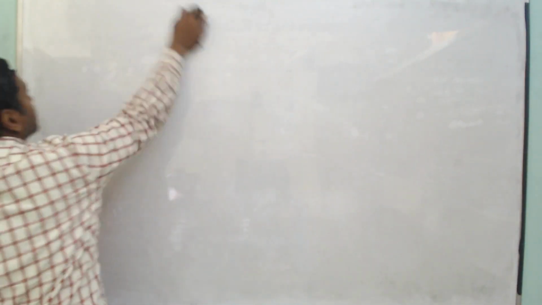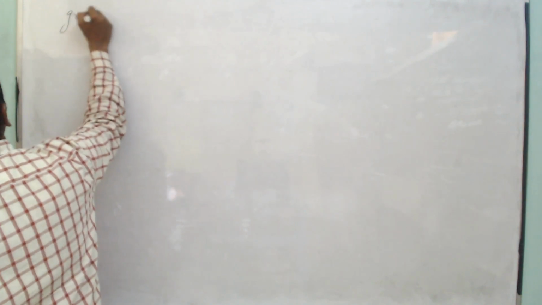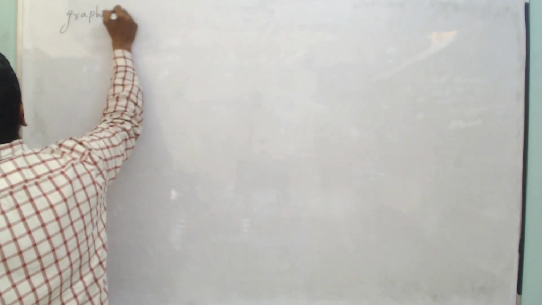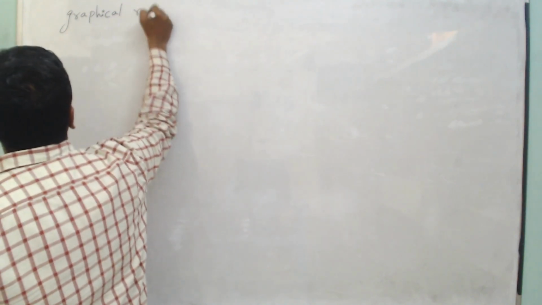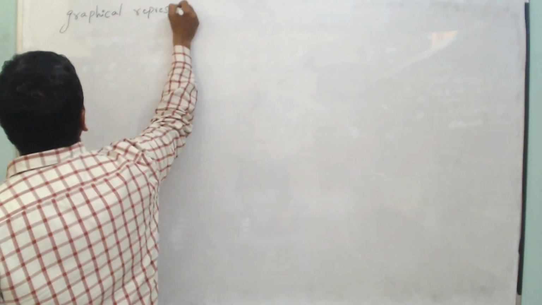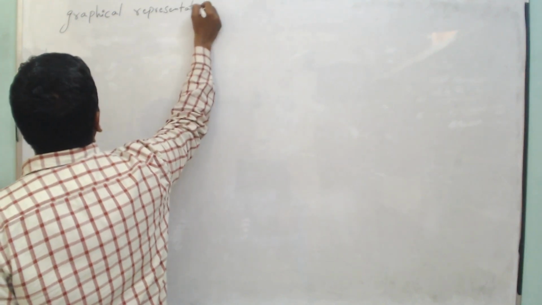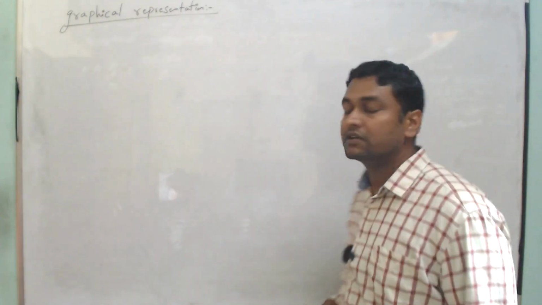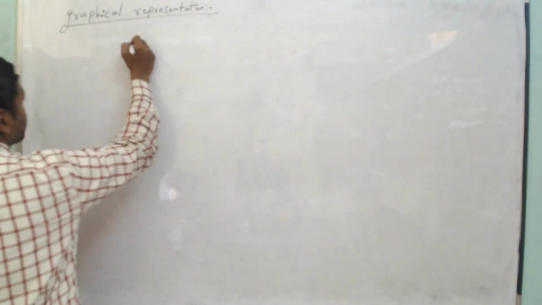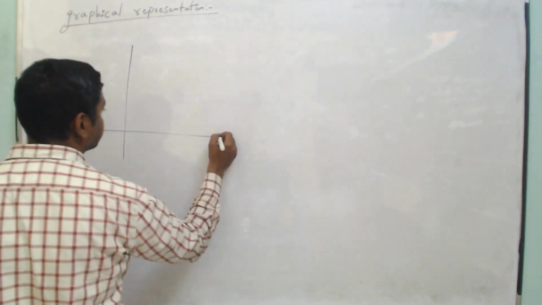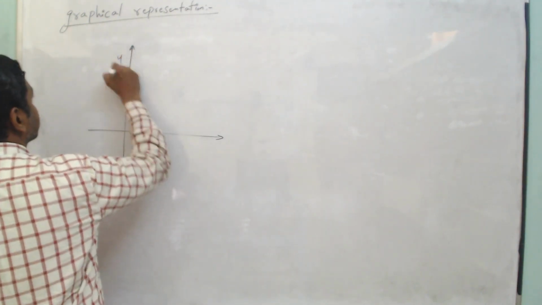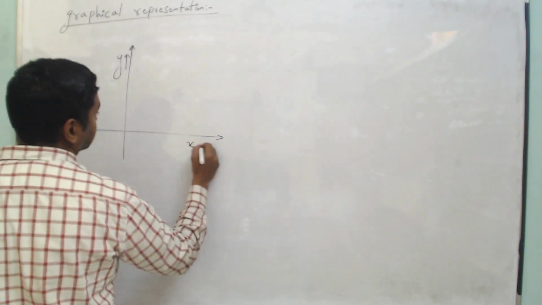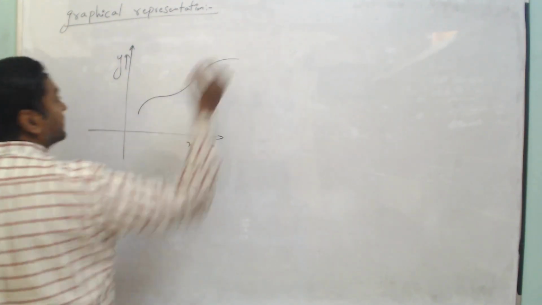Now the graphical representation. Suppose I have y as a function of x, a random function. This is the x-axis, that is the y-axis, and let us say we have a random function.